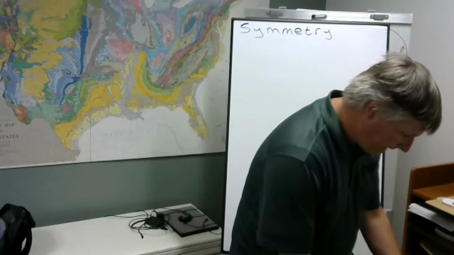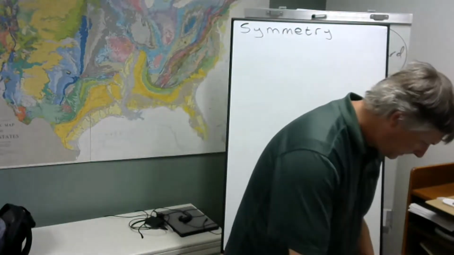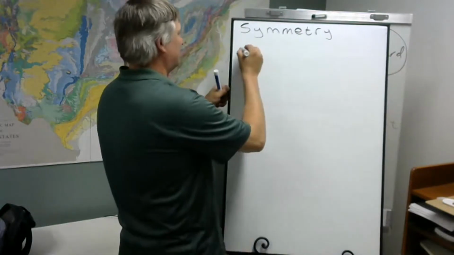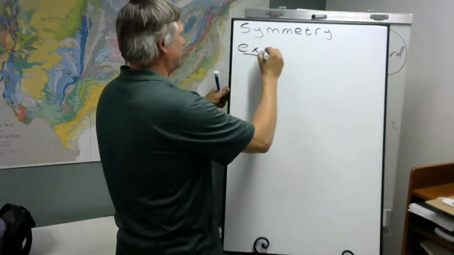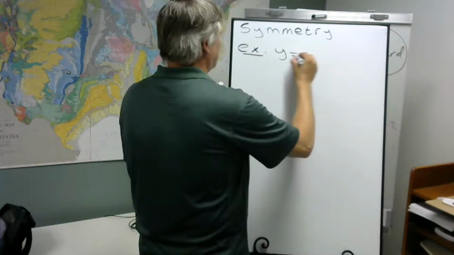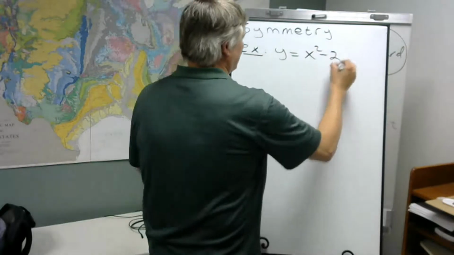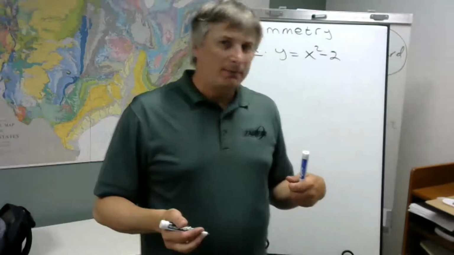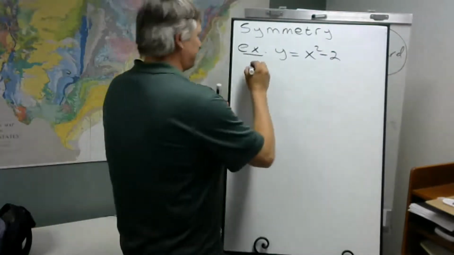So let's say we have something like this. Well, what kind of symmetry does this have? Well, let's test the y-axis.